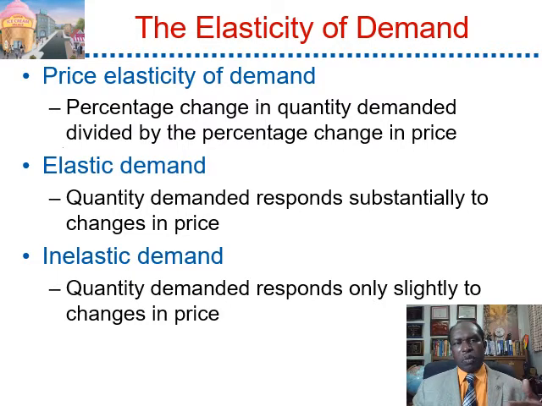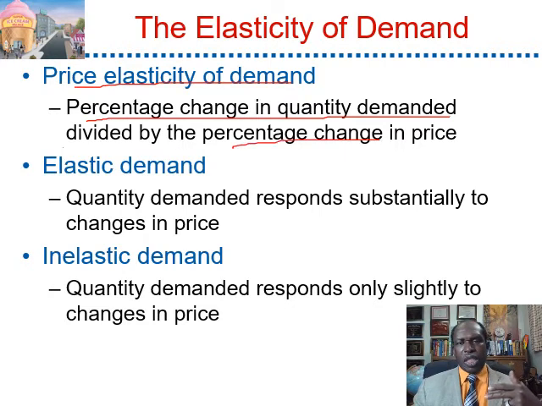So how do you compute price elasticity of demand? To compute it, we take the percentage change in quantity demanded divided by the percentage change in the price. For instance, let's use the market of ice cream that we talked about in chapter 4.